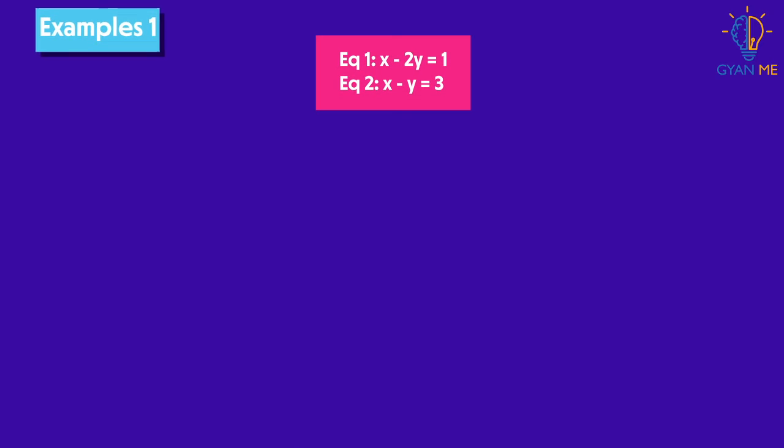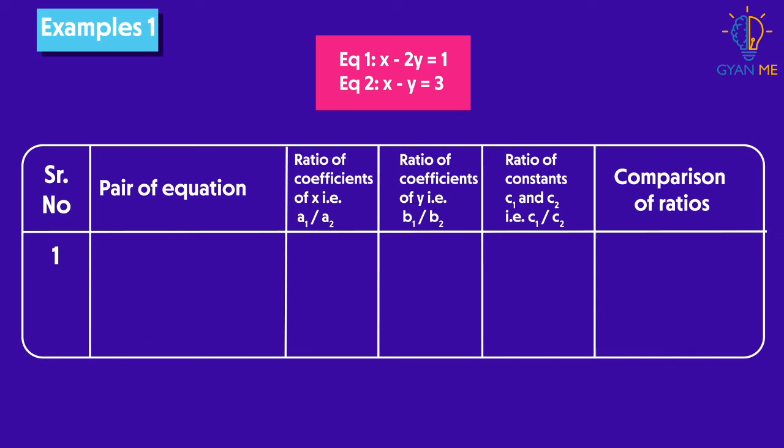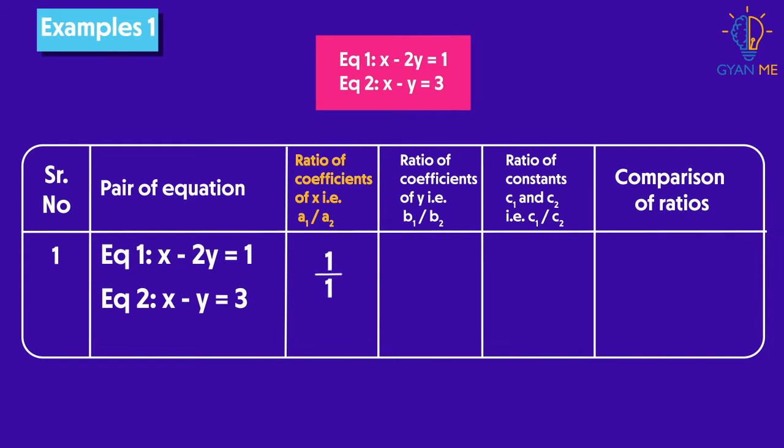Example 1. Here equation 1 is x minus 2y is equal to 1 and equation 2 is x minus y is equal to 3. Now, suppose we take the ratio of coefficients of x, that is a1 upon a2, we get 1 upon 1. If we take the ratio of coefficients of y, that is b1 upon b2, we get 2 upon 1.